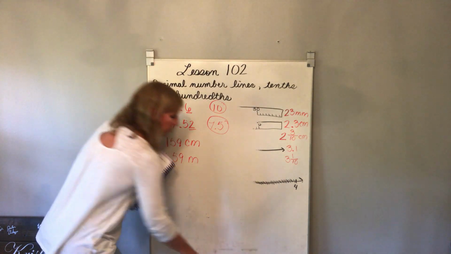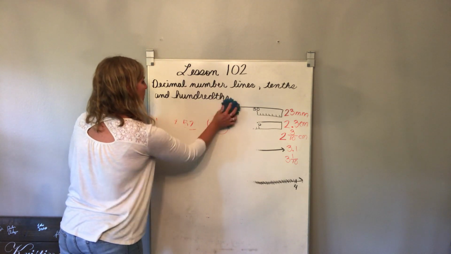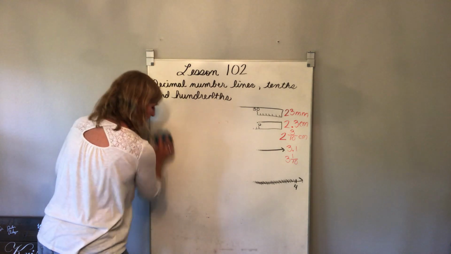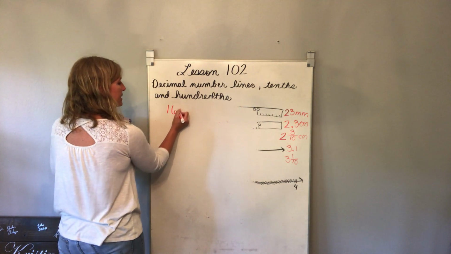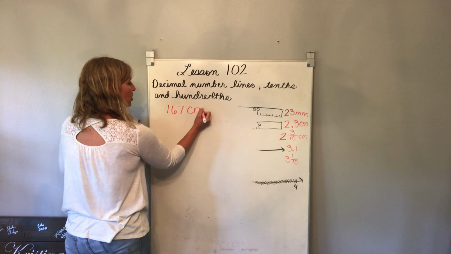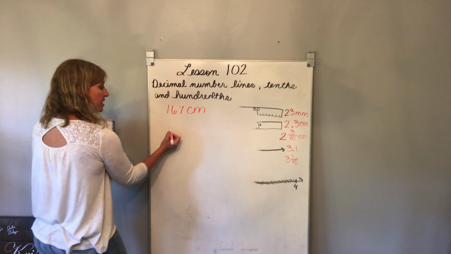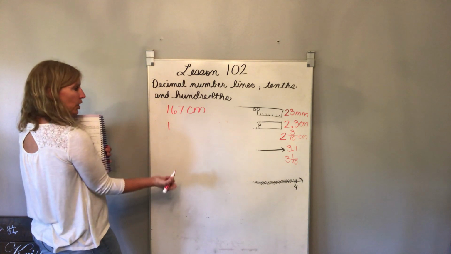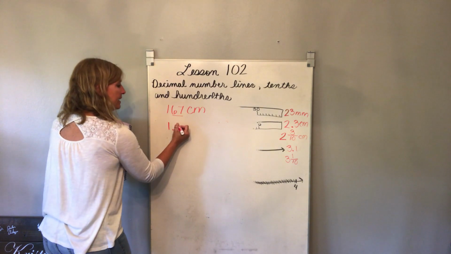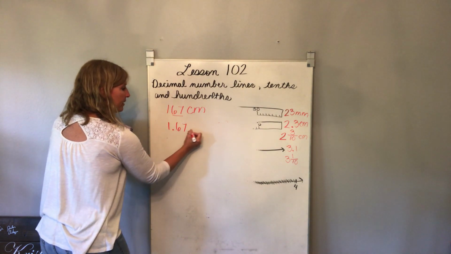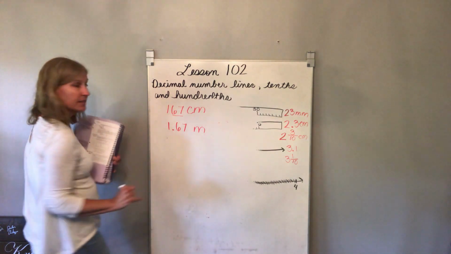So we have 167 centimeters. We're going to convert that to meters. We know that 100 of those centimeters would be 1 meter. And then how many hundredths do we have? 67. 1 67 hundredths meters.